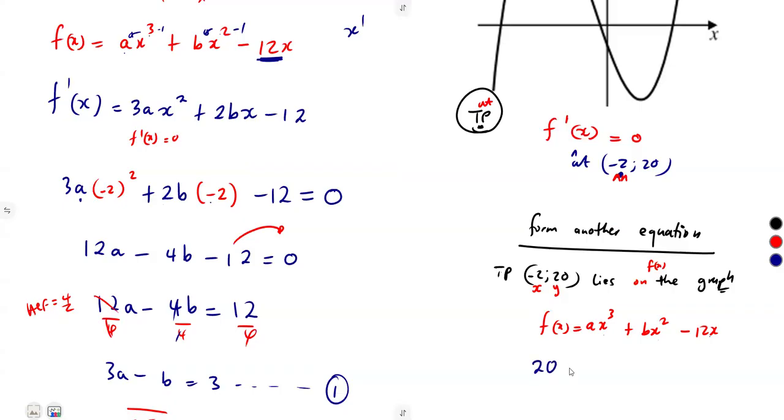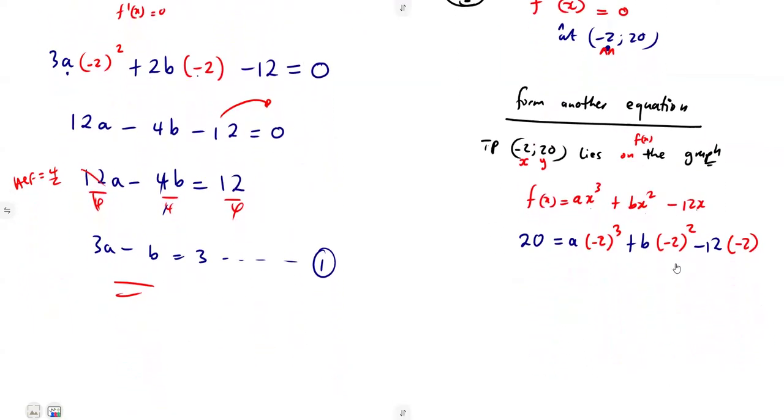It follows that 20 is equal to a times negative 2 to the exponent of 3, plus b times negative 2 squared, minus 12 times negative 2. So this is what you are going to have at the end.